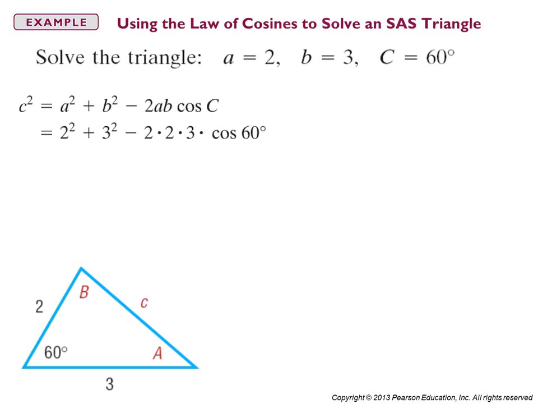If I'm doing this in my calculator, I'm probably going to do this part first, and then find this part, and then subtract the 2. Sometimes it gets a little confusing with this minus sign, so it's easier to have a number here minus a number here.